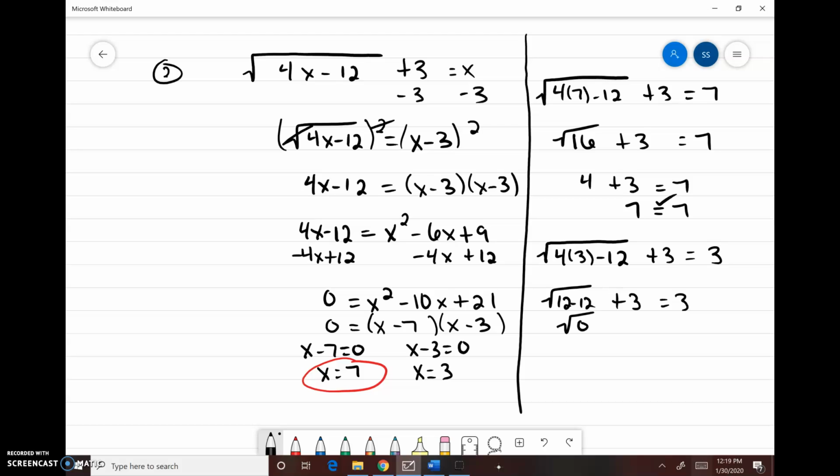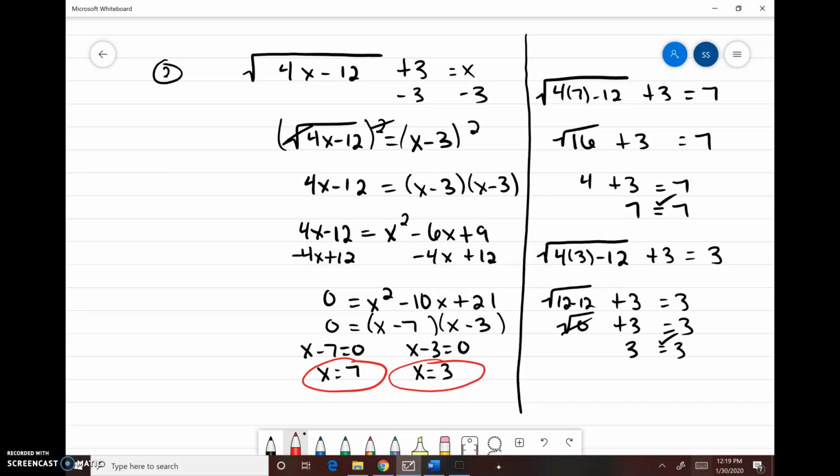So we get square root of 0 plus 3 equals 3. Square root of 0 is 0. So 3 equals 3. And again, it checks out. And so what does that tell us? Well, that tells us that x equals 3 is also a solution.